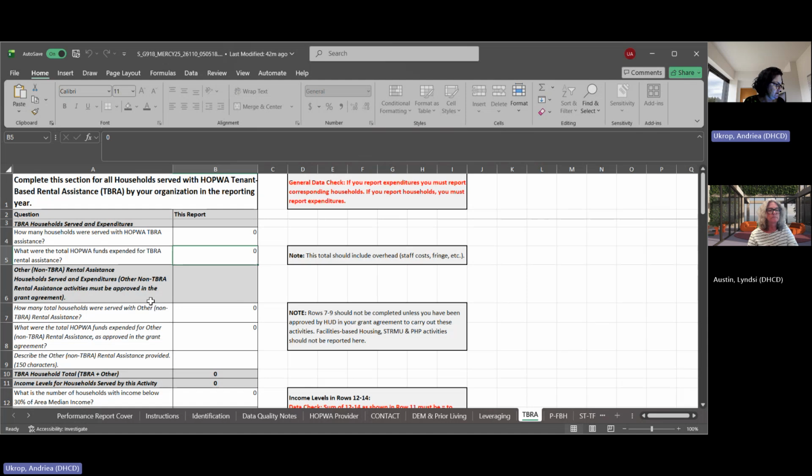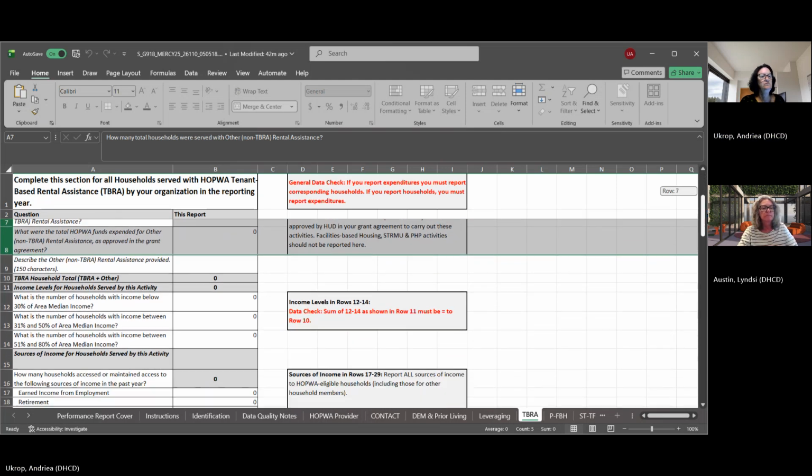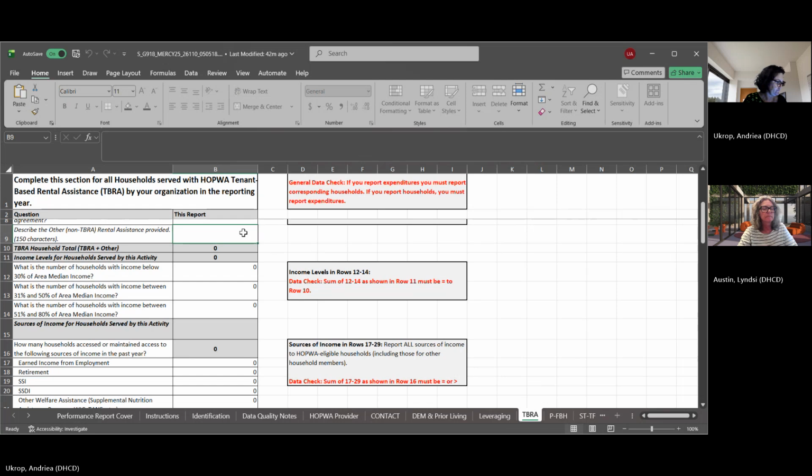If we move on down to row 6 through 8, so here 7 and 8, you are going to be putting your responses. And those must equal 0, because we're not using other rental assistance. So you would not need to provide a response here in number 9. Row 11 here, we're looking at income.